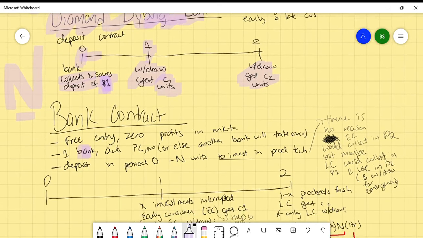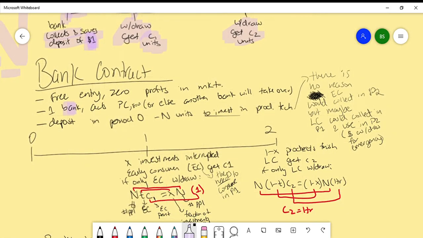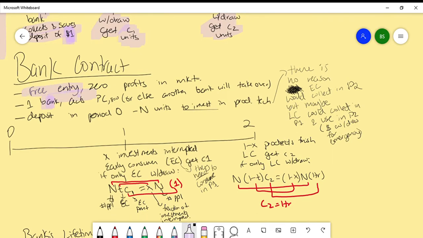A condition for this bank is that there is free entry, like perfect competition, so the market has zero profits. There is only one bank, but it acts like a perfect competitor and gets a profit of 0.